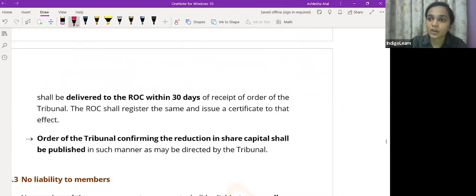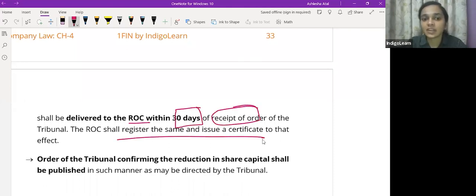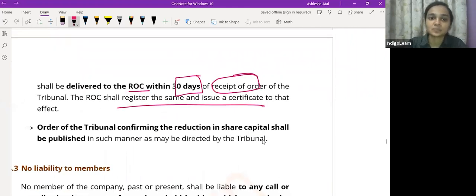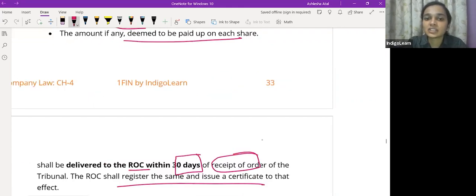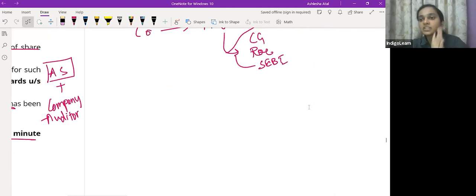So this tribunal's order has to be filed with the registrar within 30 days from the date of receipt of the order, and ROC will register the same and issue a certificate that this change has happened. And the order of the tribunal confirming the reduction in share capital shall be published in such manner as may be directed by the tribunal.